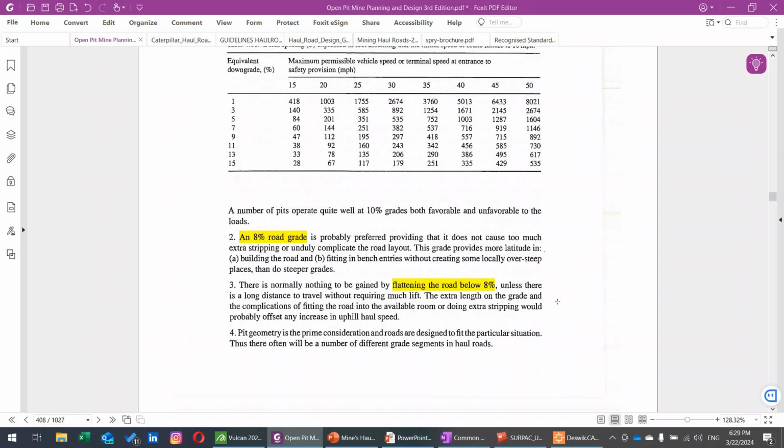Although the uphill haul speed will increase, the benefits of the increased traveling speed will be offset by the extra stripping volume.